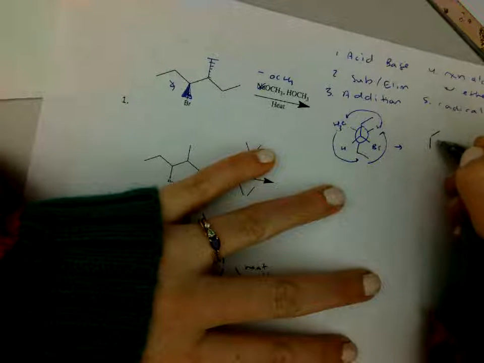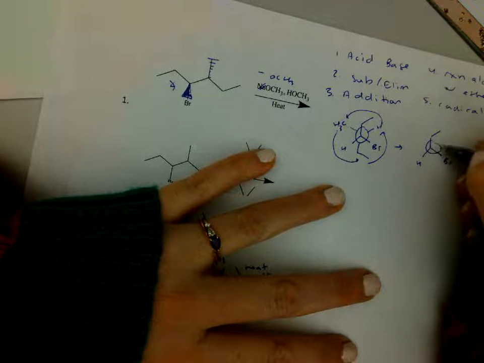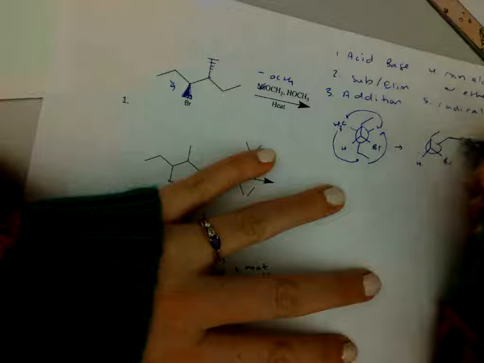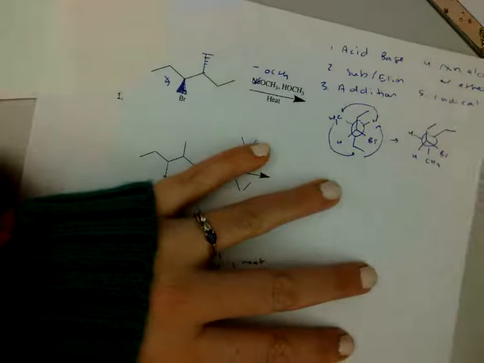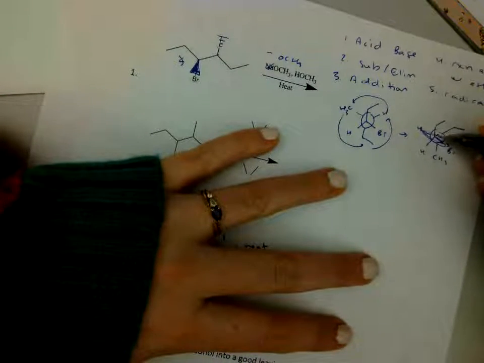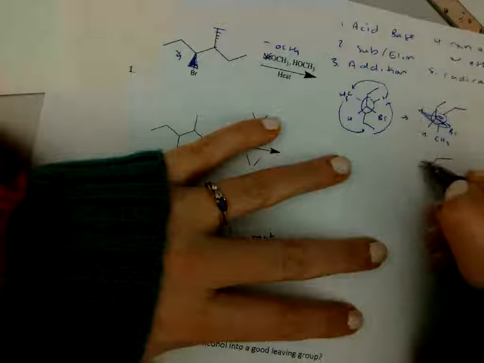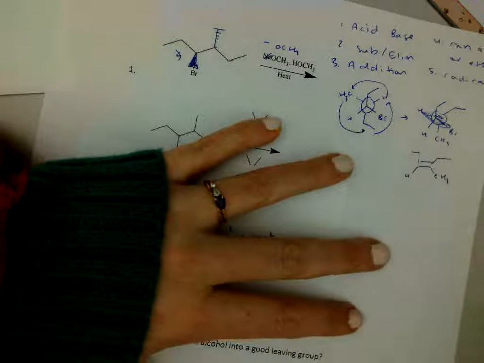And I'm just going to leave the front carbon the same, and the back carbon, I moved all of them over 1. So these two are opposite each other. So that right there is going to be where my double bond forms. So we have 2 ethyl groups on the top and an H and a CH3 on the bottom.